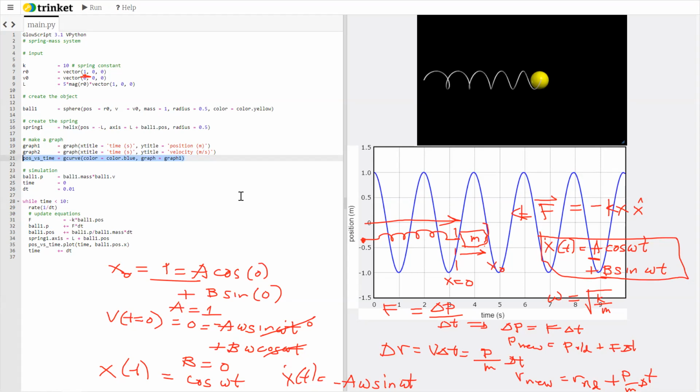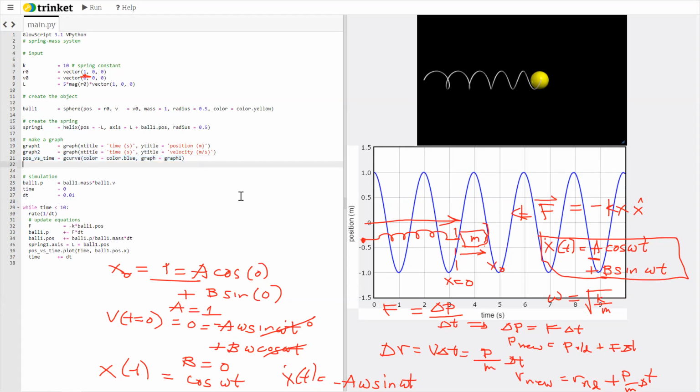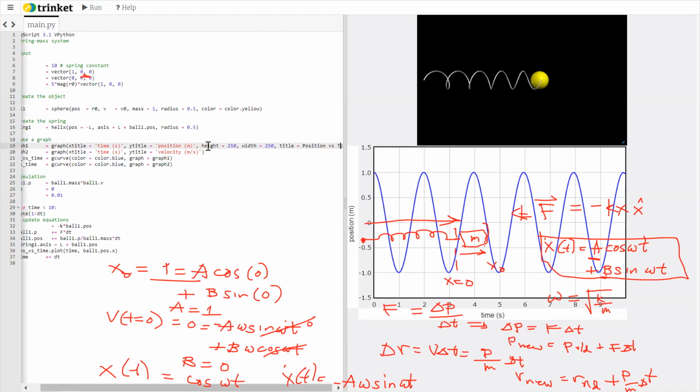So we create another graph or plot. Now this is v versus time, and we put it in graph 2. We change the height to a smaller value, 50, and the width to 250. And the title is position versus time.